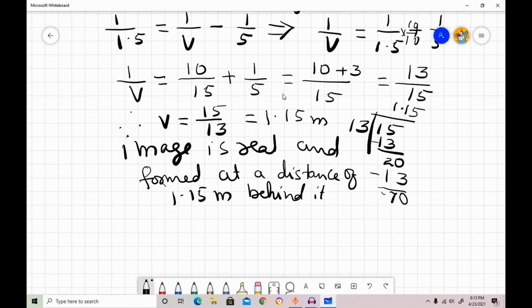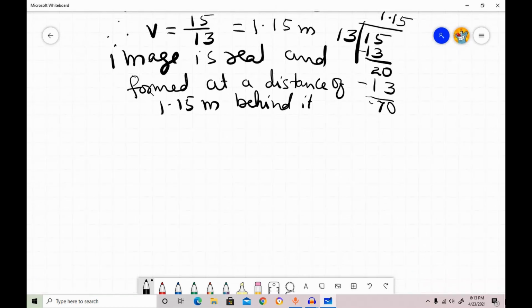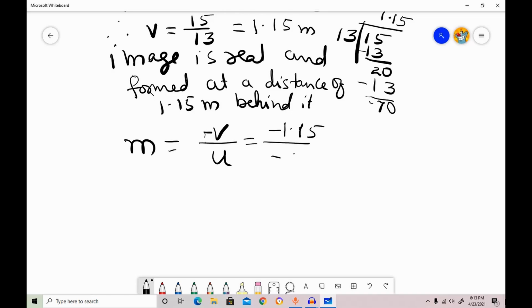Now we want to find out the size. To find the size, you have to recall the magnification formula, that is m equals minus v divided by u. This is the formula. So what is the v? v is 1.15. What is the u? u is minus 5.